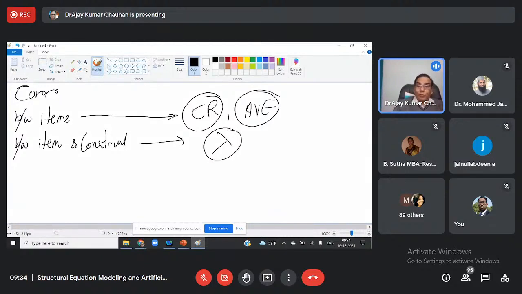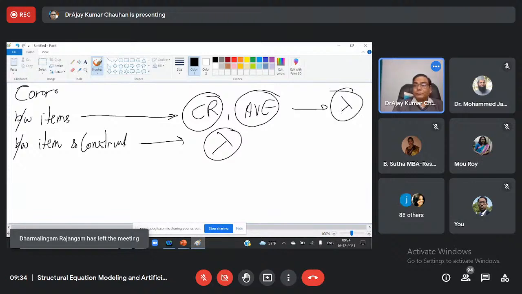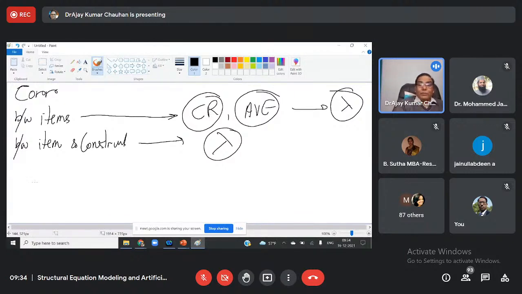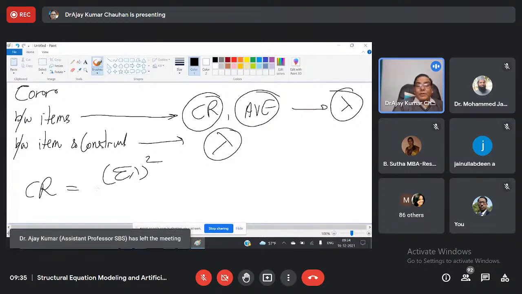But what is the problem? This is a basic problem in research, and it is still not rectified: both depend upon lambda. CR and AVE also depend upon lambda. So everything is lambda. CR is equal to the summation of lambda square, divided by the summation of lambda square plus summation of E square.